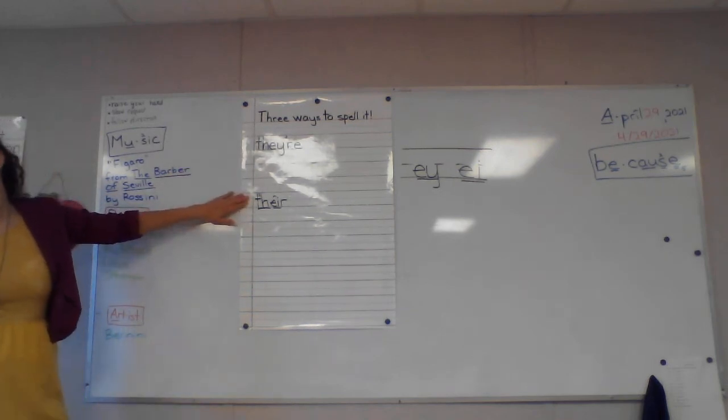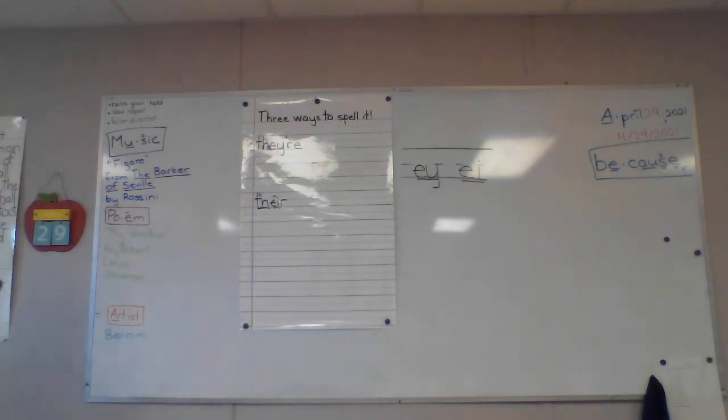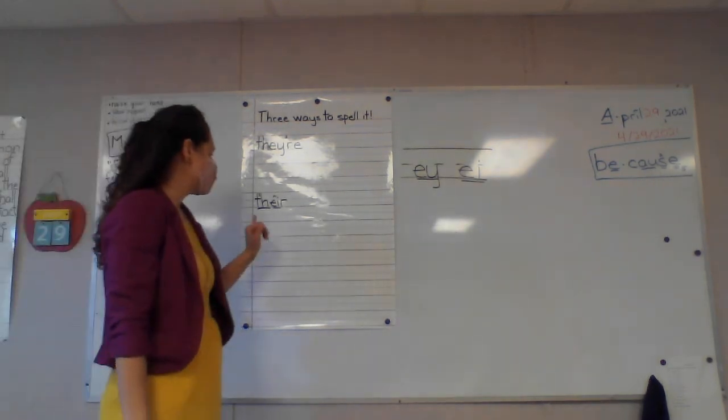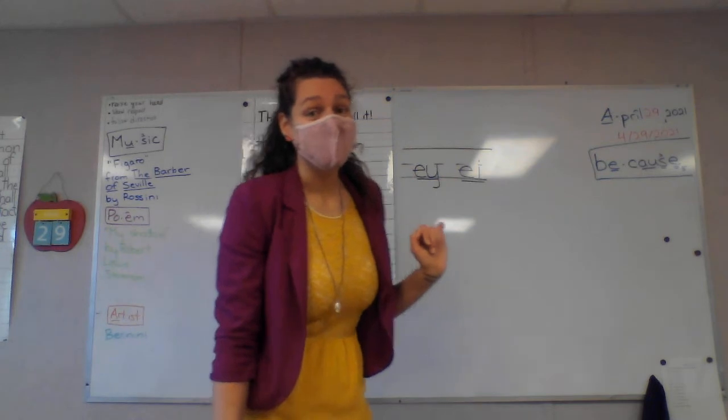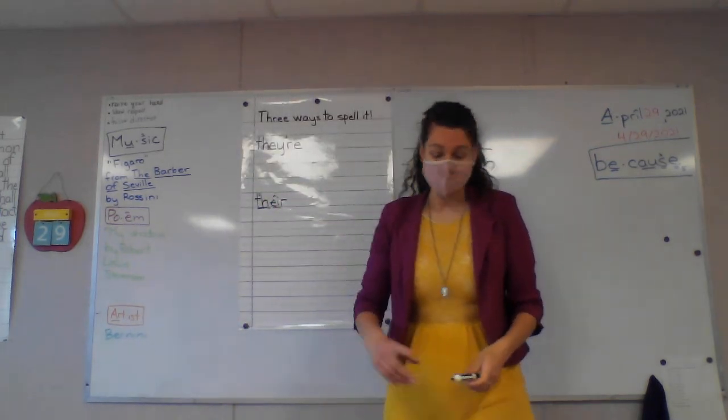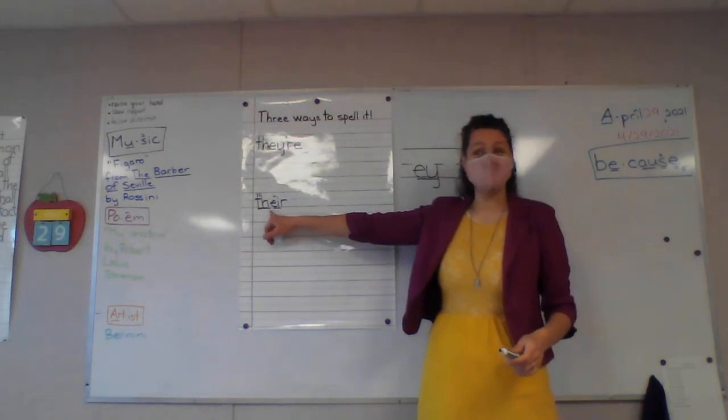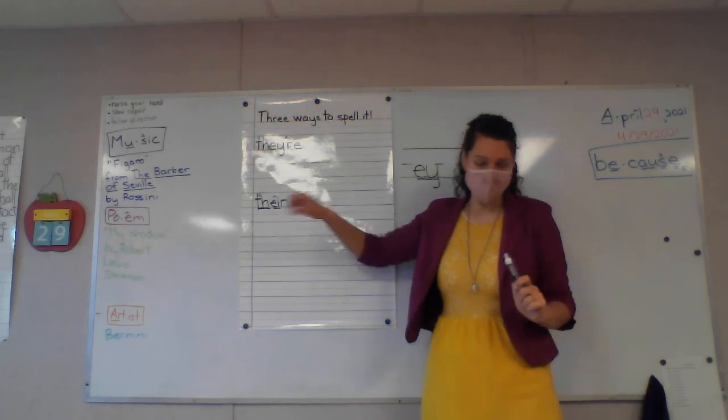I'll make up a couple more sentences using this one to help you remember when you need to use this there that shows possession. If I say we played their game, the game belongs to them, so you want this one because it's showing possession.